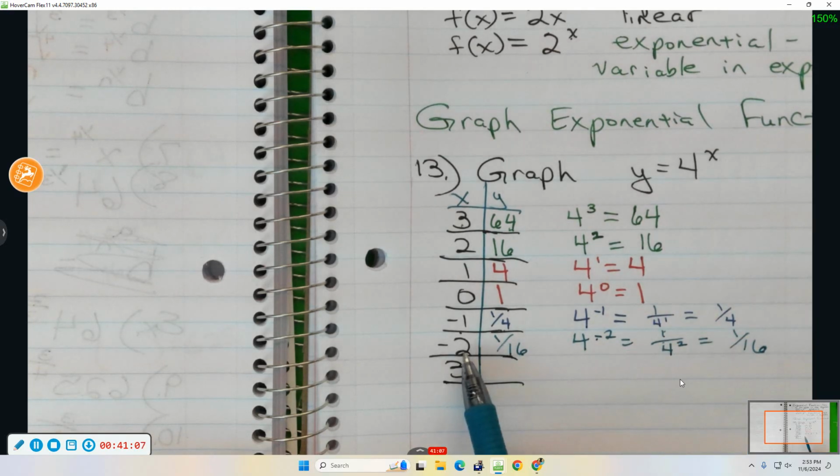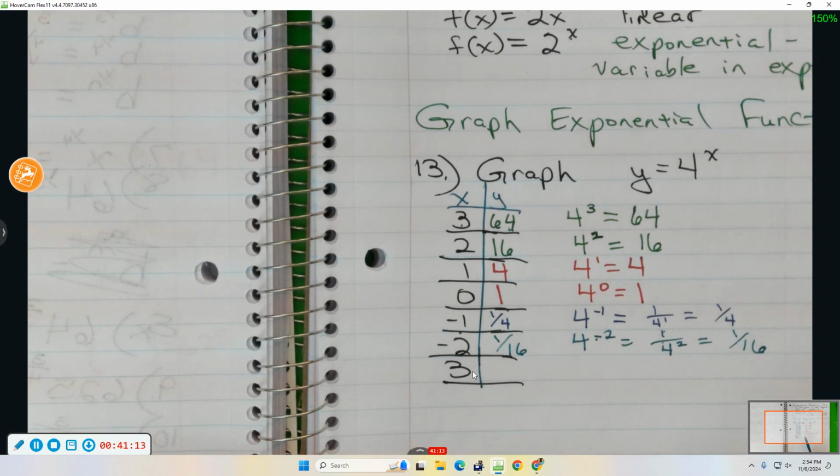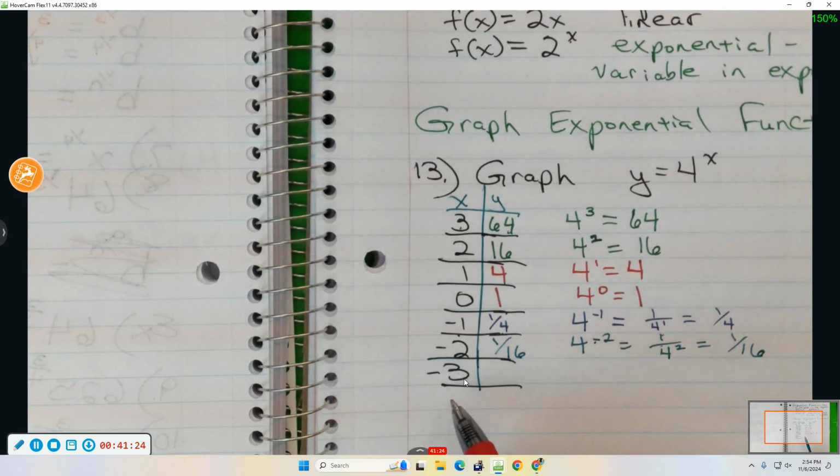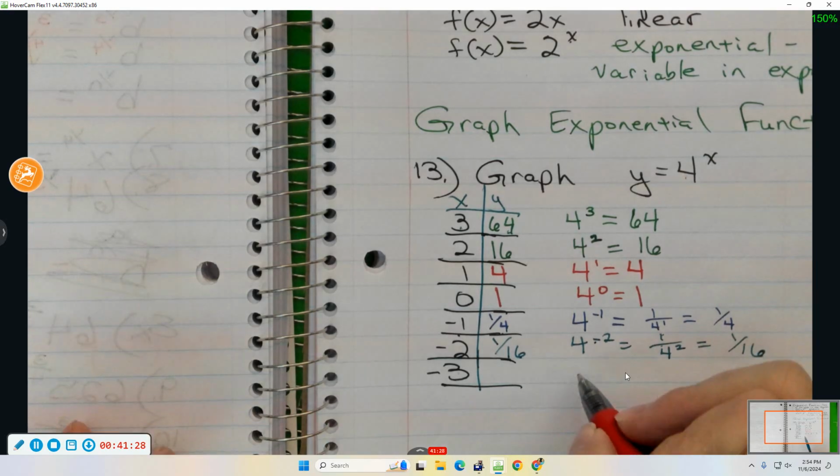So we're going to go left 2 on the x-axis and up only 1/16 of a unit. I think you've done enough. Well, what about 3? Oh no, pardon me, that's -3. Plugging in -3, that's 4 to the -3 power.